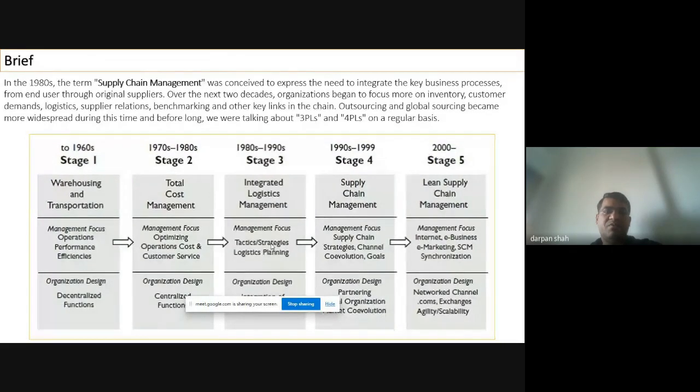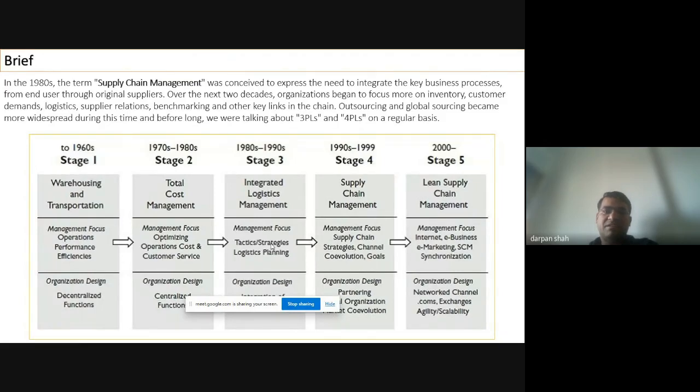And over the next 2 decades, organizations have mainly focused on the key terms that are involved in supply chain, like inventory management, customer demand, logistics of the parts, relations with the suppliers, benchmarking the new best practices with their competitors all around the world.